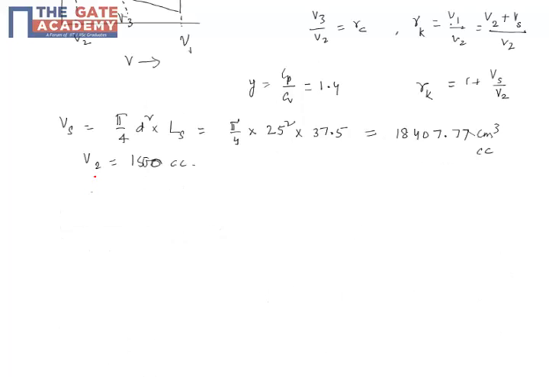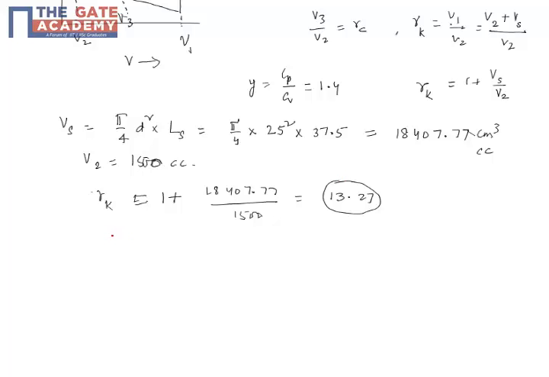So the only thing that remains is to calculate Rk, which is 1 plus 18407.7 by 1500, that is 18407 plus 1500 by 1500, which is 13.27. So 13.27 is the compression ratio.